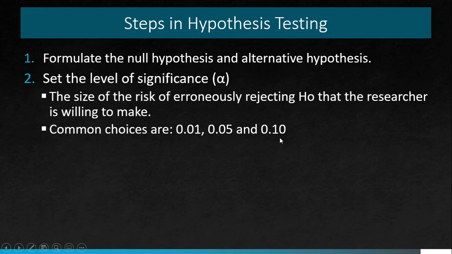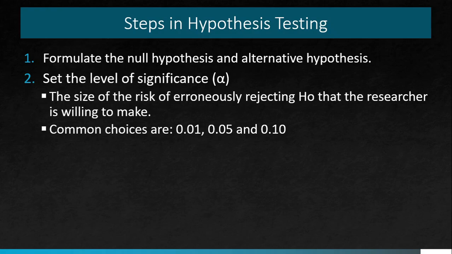Okay, so what's the relevance of the level of significance? The higher the level of significance, the higher the risk of erroneously rejecting your null hypothesis. The lower it is, the more accurate you are, let's say, in proving your hypothesis.